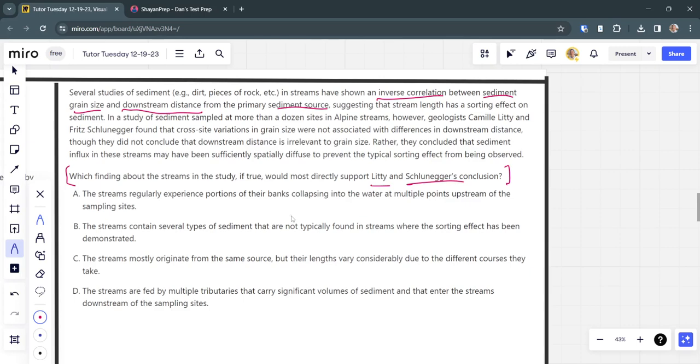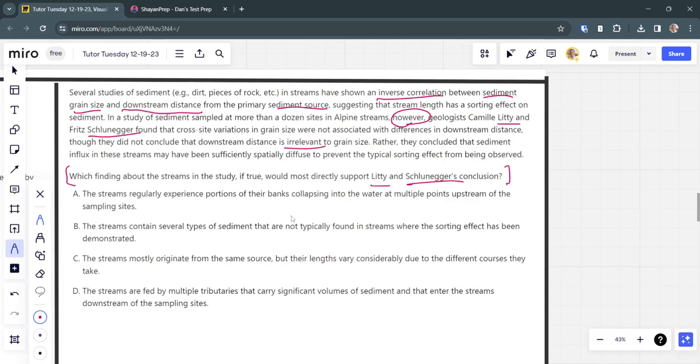In a study of sediment sampled at more than a dozen sites, however, geologists Camille Liddy and Fritz Schleniger found that cross-site variations in grain size were not associated with differences in downstream distance, though they did not conclude that downstream distance is irrelevant to grain size. Rather, they concluded that sediment influx in these streams may have been sufficiently spatially diffuse to prevent the typical sorting effect from being observed.